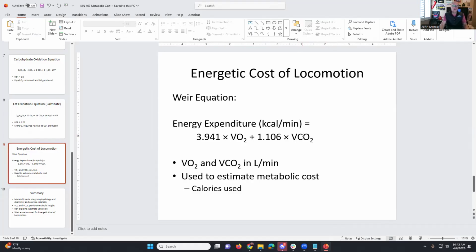And so we need to understand rate of carbon dioxide exhaled in order to ultimately calculate energy expenditure that reflects both the aerobic and anaerobic components of generating ATP. In this case, VO2 and VCO2 are just in liters per minute, and we use this to estimate metabolic cost or calories used.